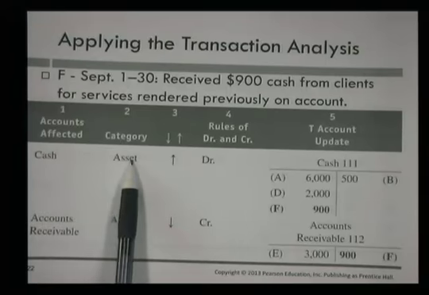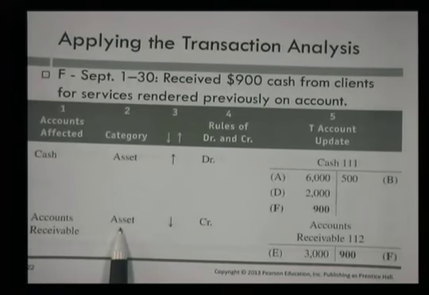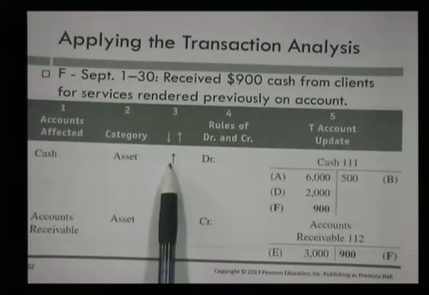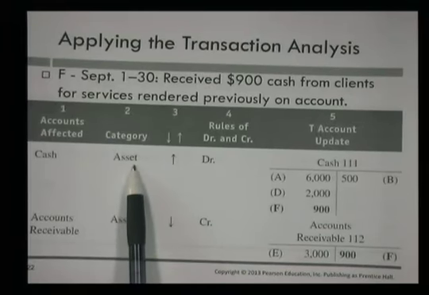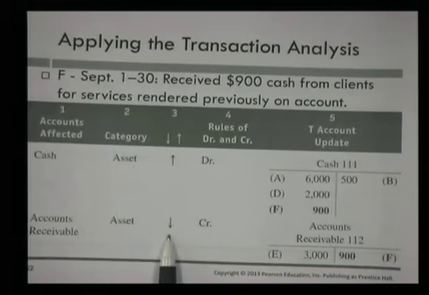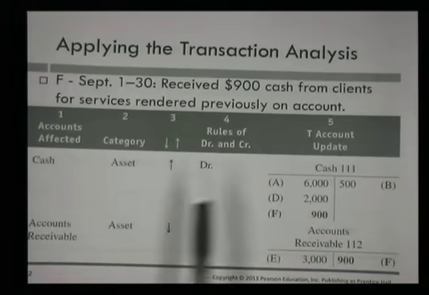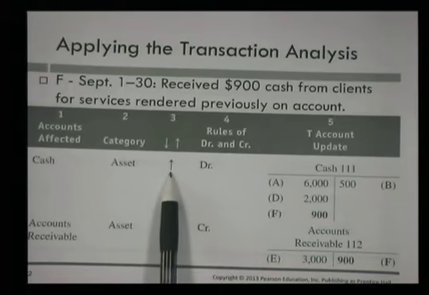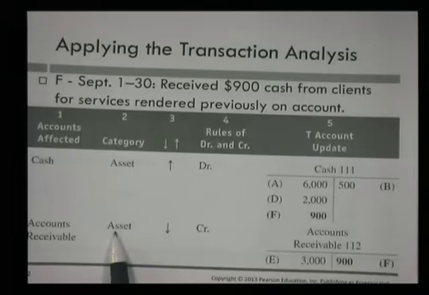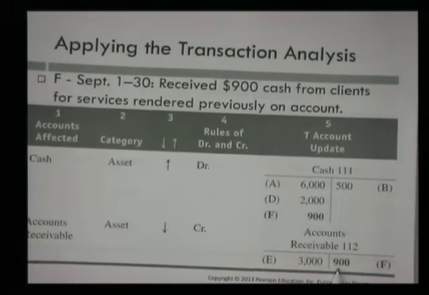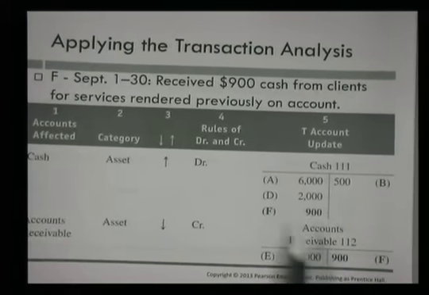So cash is an asset, accounts receivable is an asset. Cash is going to increase because we're getting money. But now our customers don't owe us as much, so we are going to decrease the amount that they owe us. Rules of debit and credit, asset increased is debited, and asset decreased is credited. So in the T accounts, we see cash is debited $900, accounts receivable credited $900, debits equal credits, and that transaction equals.